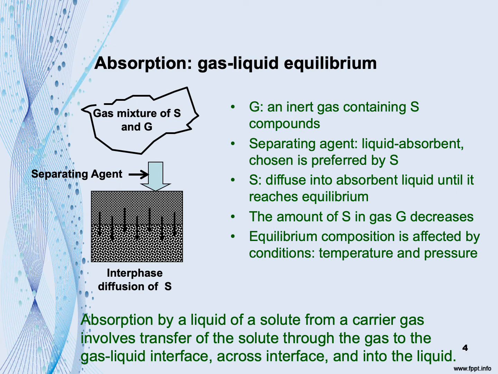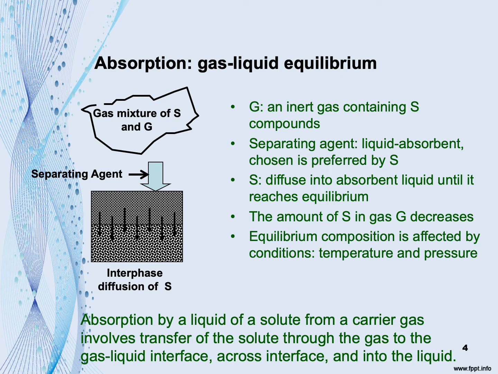In the first place, we have a gas mixture comprised of, let's say, S and G. Let's say G is an inert gas, and S is the compound, and we want to separate S from the G. So we add a separating agent, in this case a liquid absorbent, where the absorbent has a much higher affinity for S, so it is preferred by S. If we add the absorbent to the gas mixture and mix it well, S will diffuse into the absorbent liquid until it reaches equilibrium.